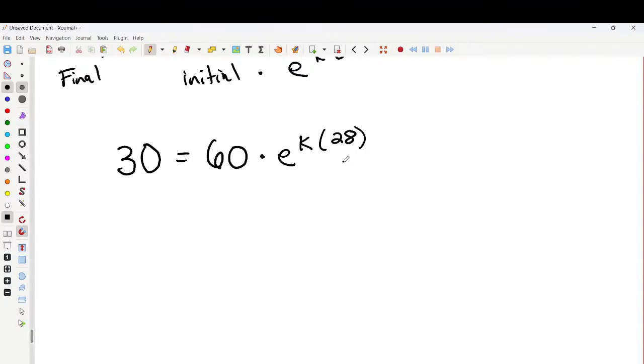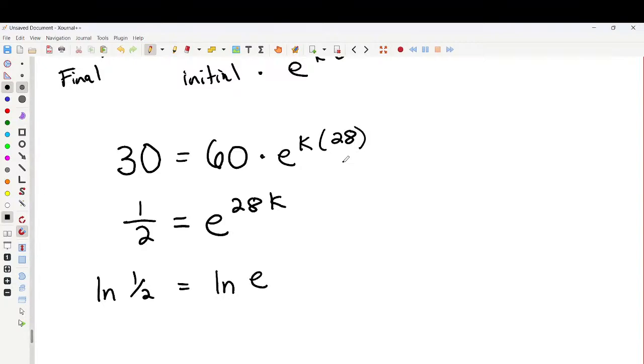I'm going to divide both sides by 60. 1/2 equals e to the 28k. Think about that. Make sure you believe that. How do we solve an exponential equation? Well, we can take ln of both sides. ln of 1/2 equals ln of e to the 28k.